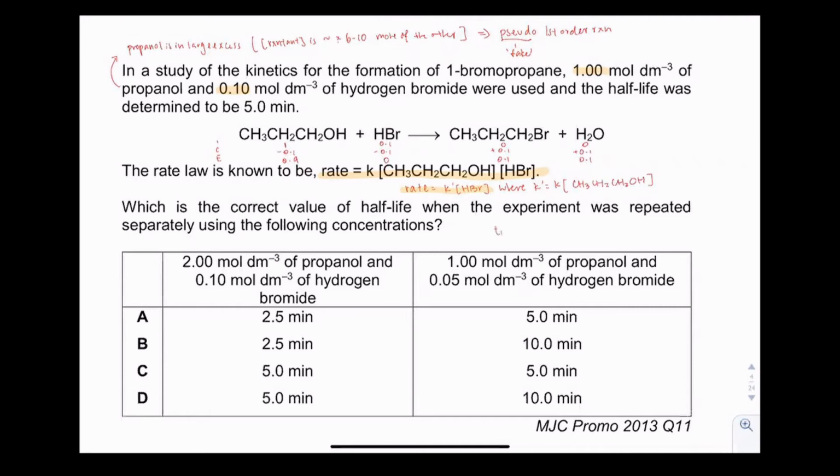Do you all remember this equation? Half-life equals ln 2 over k. This is for first order reactions. Since it's for pseudo first order, I have to make a little change: half-life equals ln 2 over k prime, where k prime equals k times concentration of propanol.